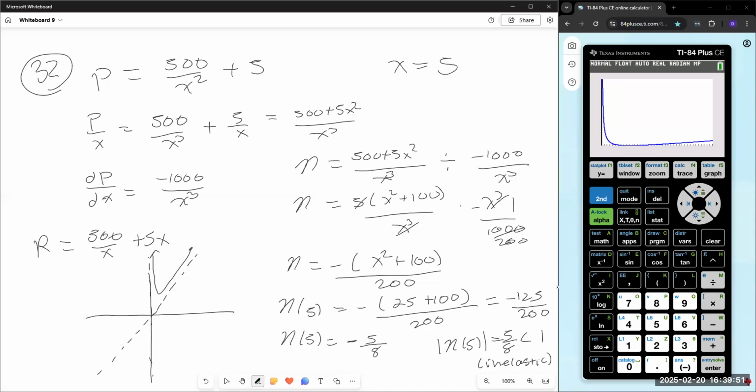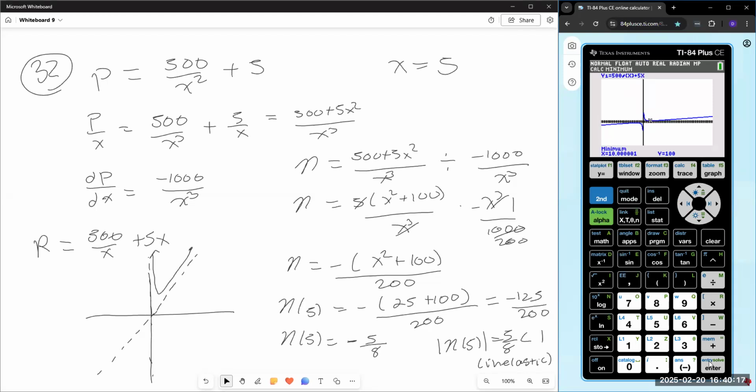And so I'm going to find this minimum value. I'm going to zoom out just a little bit. And I want to find second calc minimum. We could do this with a derivative if we want to, but we've got the calculator. So somewhere in there.